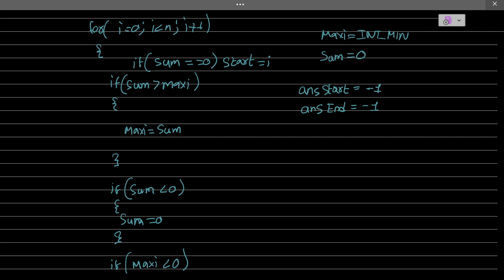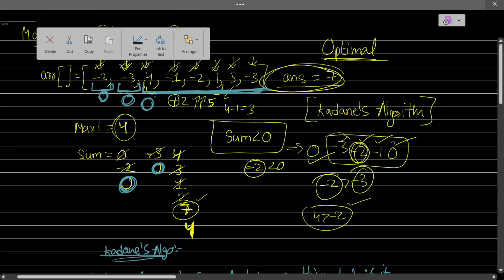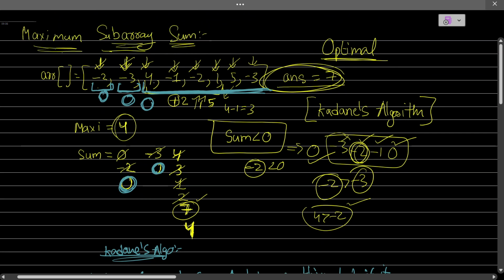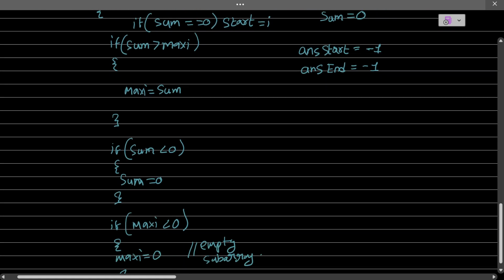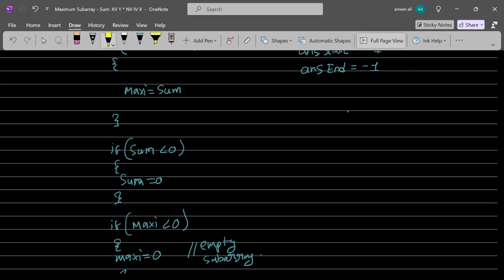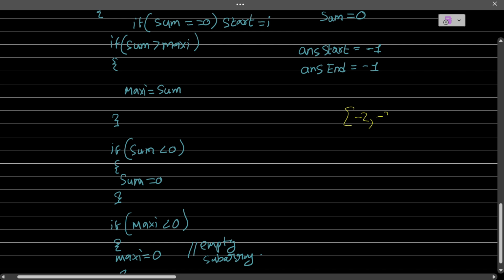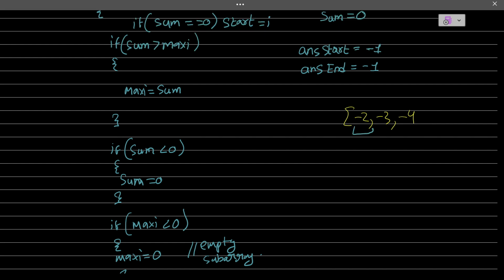What does that mean? As we have seen here, this is 4, this is -2, -3, 4. Remember this. Here we have the array -2, -3, -4. So this is initially 0.